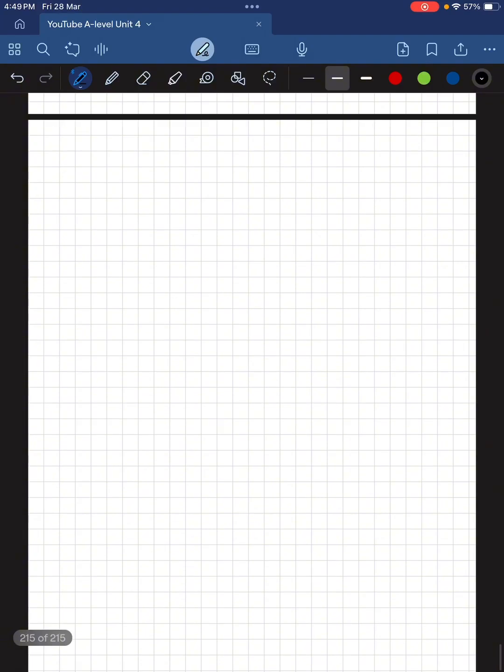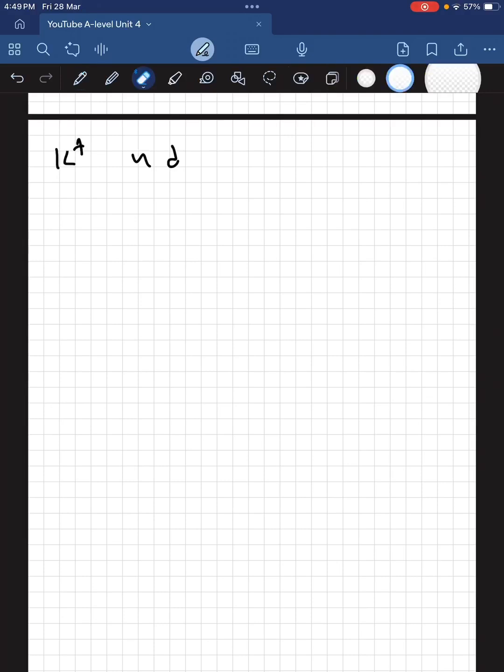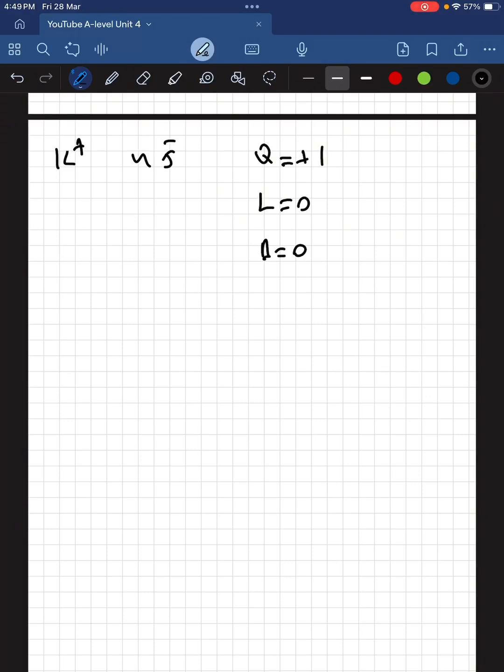Now let's talk about an interesting case. So K plus consists of a U quark and an S bar quark. So the charge is +1, the lepton number is 0, the baryon number is 0, and the strangeness is +1 because it consists of an antiquark, right?